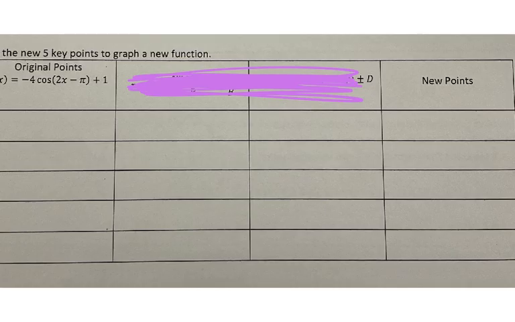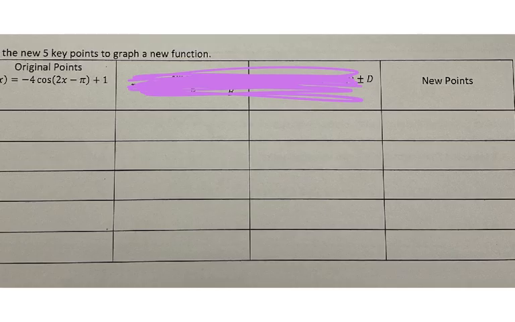We looked at the 5 critical points for sine and cosine yesterday. How do I know if I need the critical points for sine or cosine? Well, it's cosine, because this is a cosine graph, so I'm going to start with the 5 critical points for cosine.